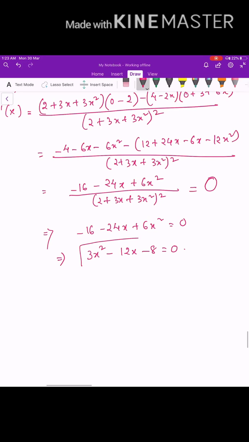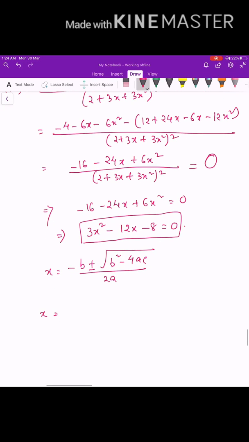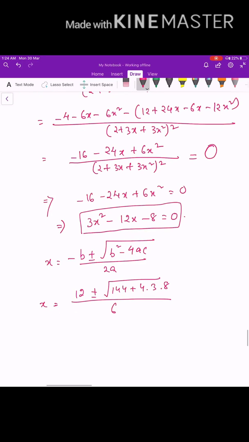So this is a quadratic expression. If you remember, x is equal to minus b plus minus root of b square minus 4ac divided by 2a. So here the value of x will be minus of minus 12, 12, plus minus root of 144 minus 4 into 3 into minus 8. So this becomes plus, upon 2a, that is 6. 12 plus minus root of 144 plus 96, which becomes 240, upon 6.